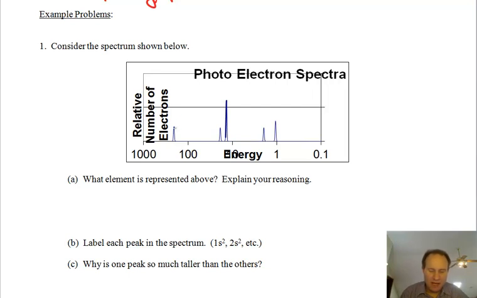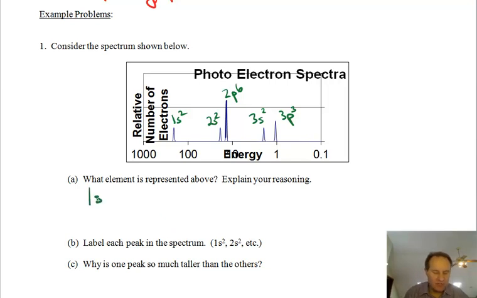I see we've got 1s2, 2s2, 2p6, 3s2, 3p. Now this one is taller. If this height corresponds to 2 electrons, then I'm going to say it's got more. It's going to say 3 electrons.